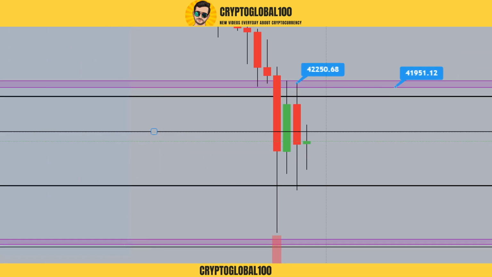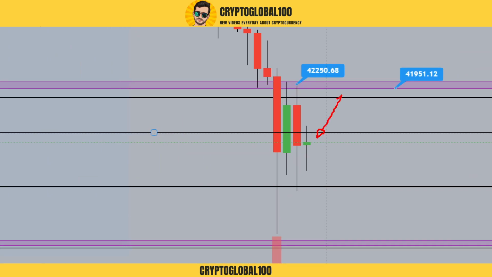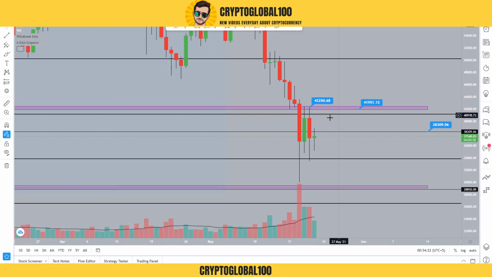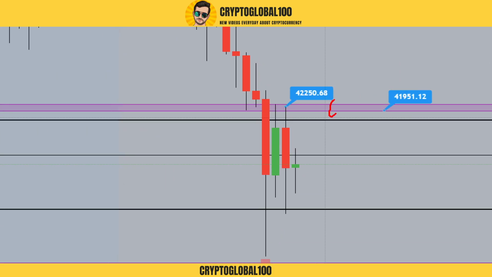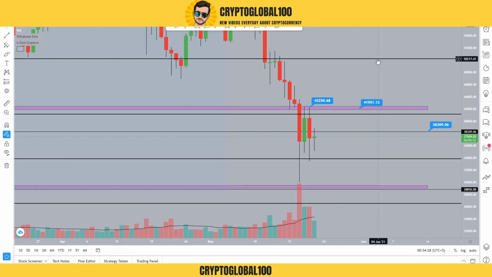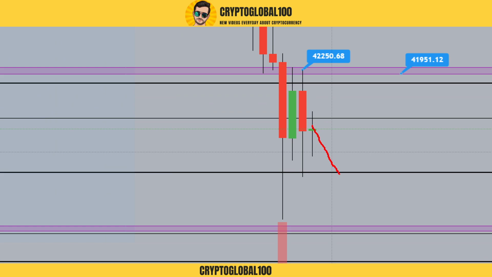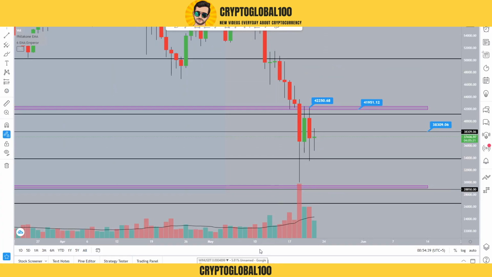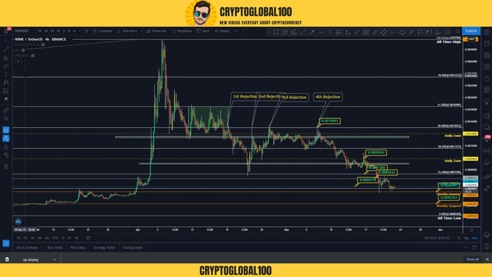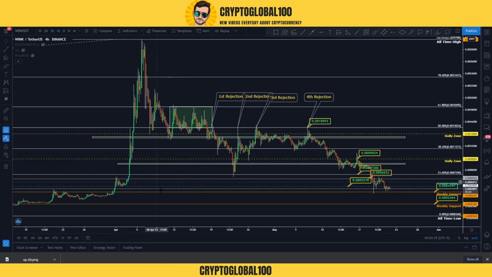If BTC crosses this area and goes up, the alts are going to pump for some time, and if we cross above this area, then surely we are headed for our next target of 50,000. Right now it is in the phase of consolidation, so we can break down, we can get down to this level as well. So right now I'm going to tell you something about the Wink USDT pair.